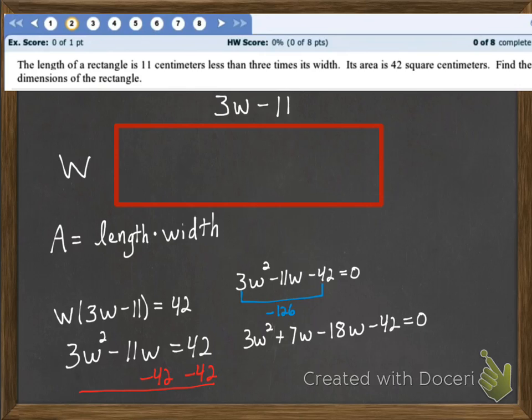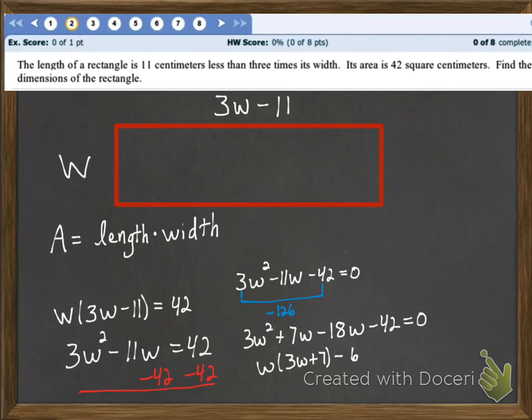And now we can go through and factor by grouping. And again, you may want to pause the video and try this on your own for practice. As we take out our common factor here, we have a W we can pull out. That leaves us with 3W plus 7. Bring down the negative sign, and now we have an 18 and a 42. We can actually pull a 6 out of both of those.